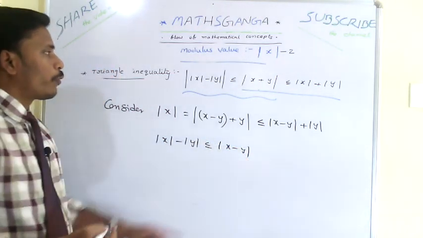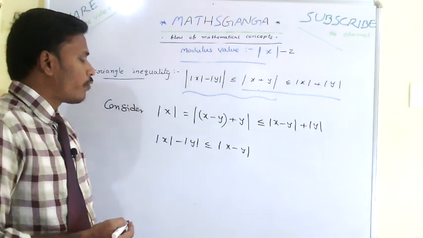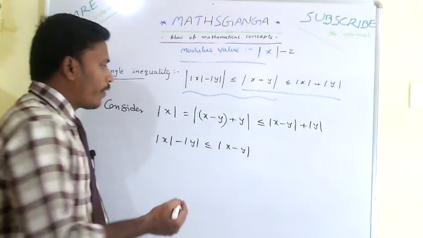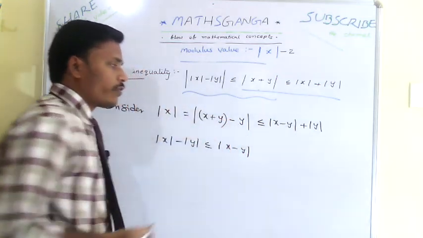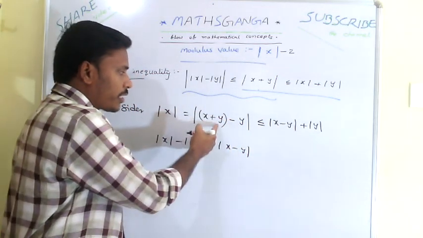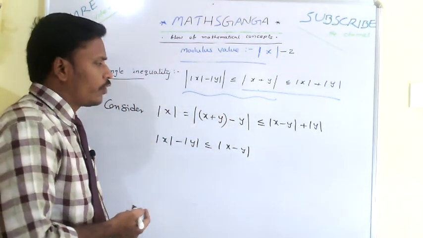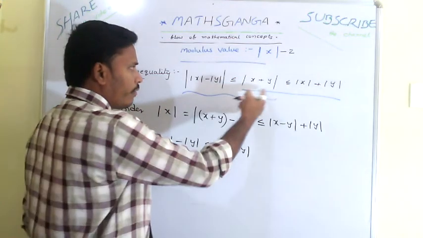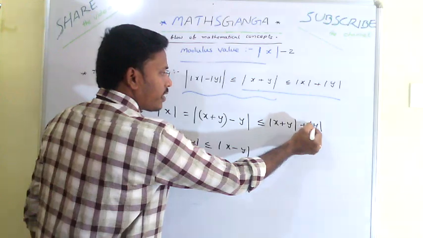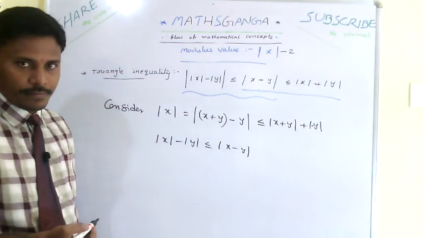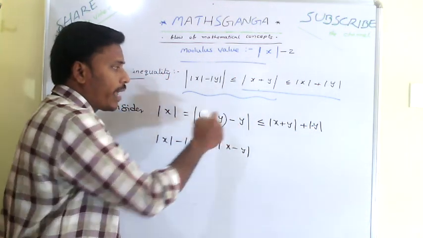So actually I am going to prove that modulus of x plus y. For that we have to just consider x plus y and then here with the minus y. See, x plus y with minus y will also give the same logic, and from there with the second part we have that mod x is less than or equal to mod x plus y plus modulus of minus y, treating it as plus of minus y.